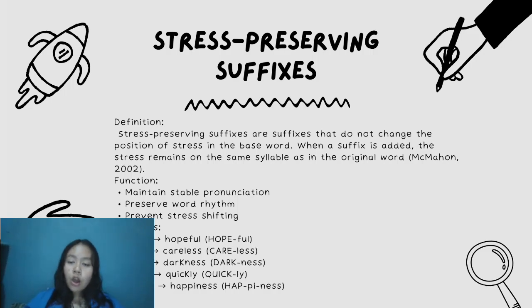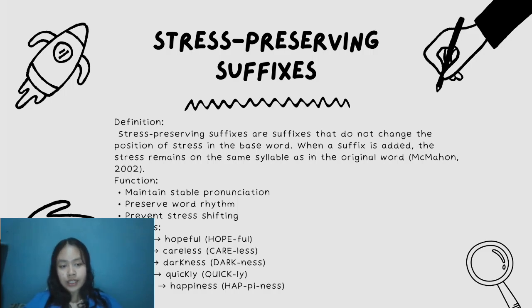For example, hope becomes hopeful, and the stress stays on hope. Care becomes careless, with the stress on care. Dark becomes darkness, with the stress on dark. Quick becomes quickly, and happy becomes happiness.